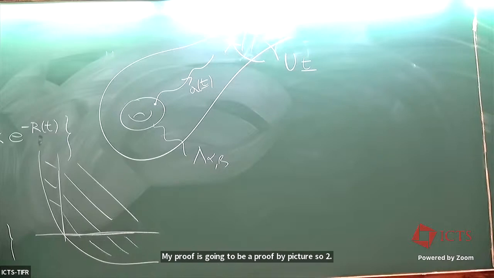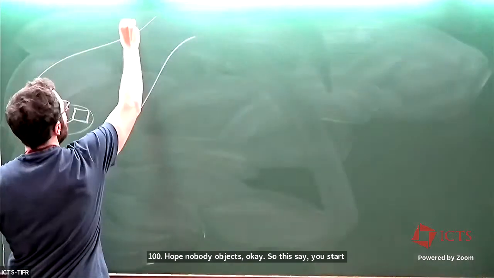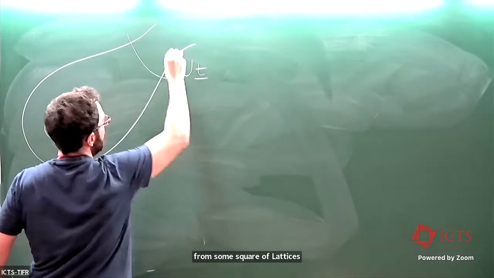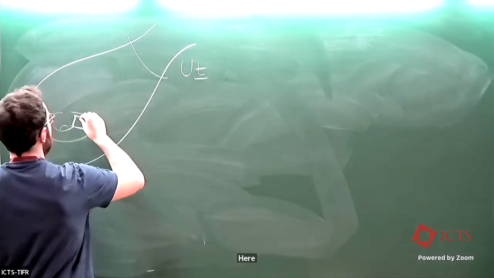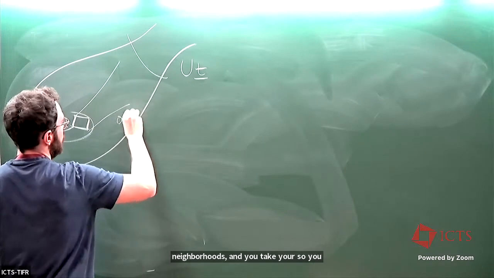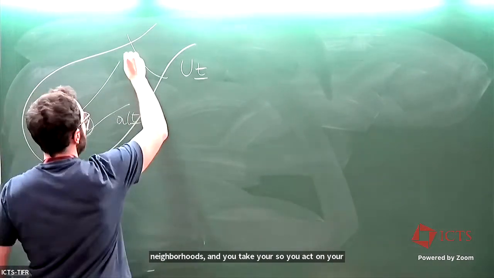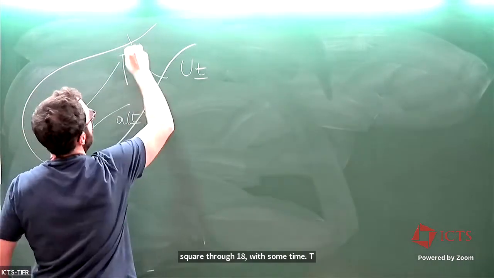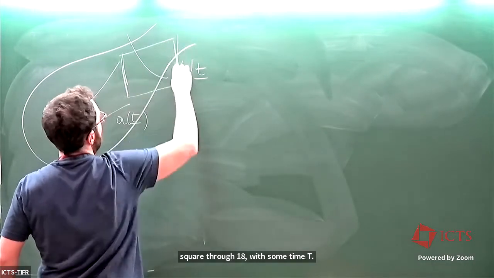Say you start from some square of lattices here, and you have this shrinking family of neighborhoods, and you act on your square through AT for some time t, and this square will expand, become something like this.